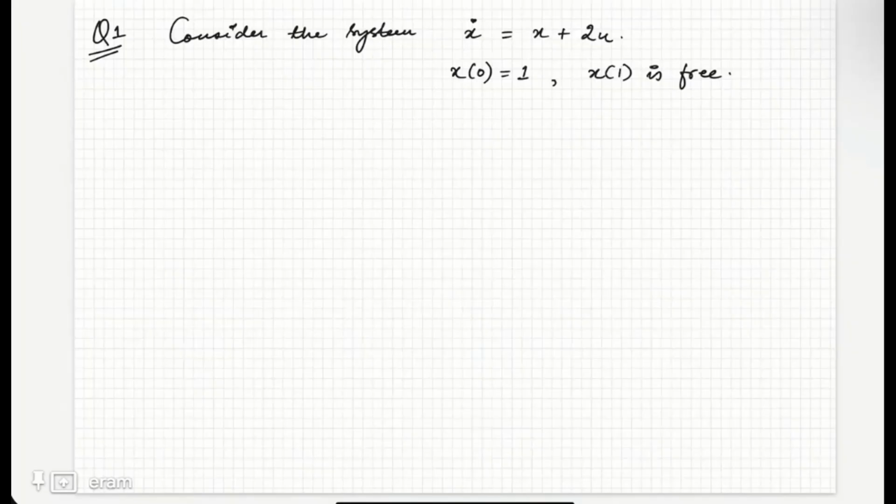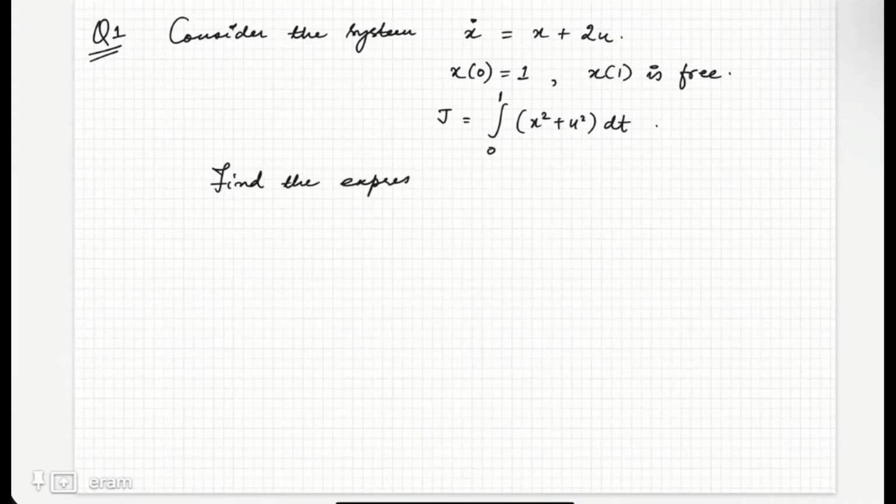The cost function to minimize is this functional, integral of x square plus u square dt. The question is, find the solution; find the expression of lambda with respect to time.